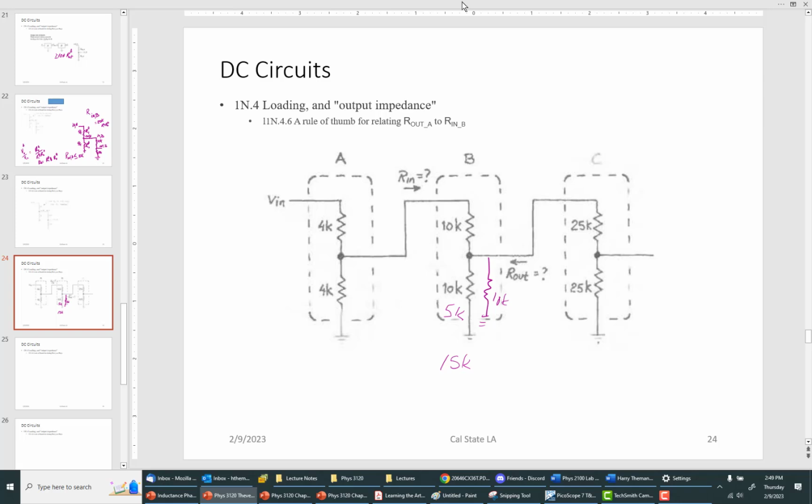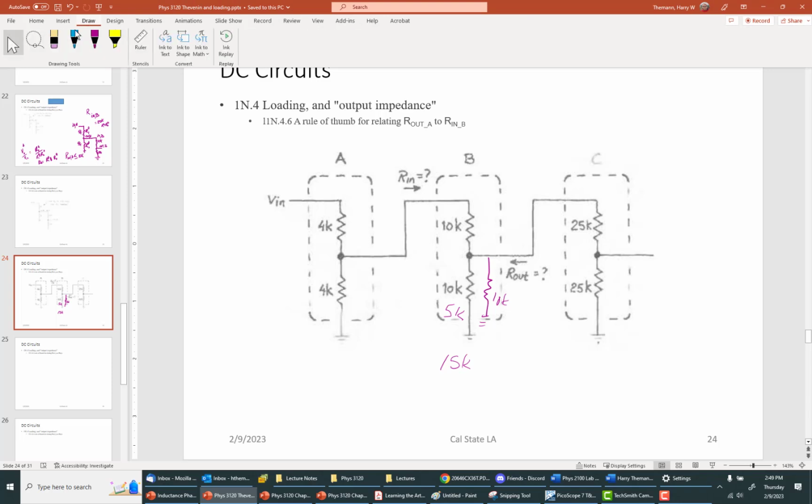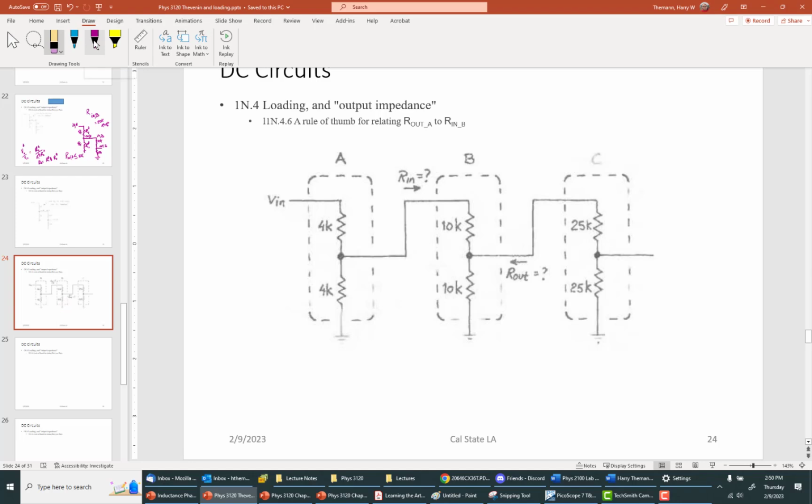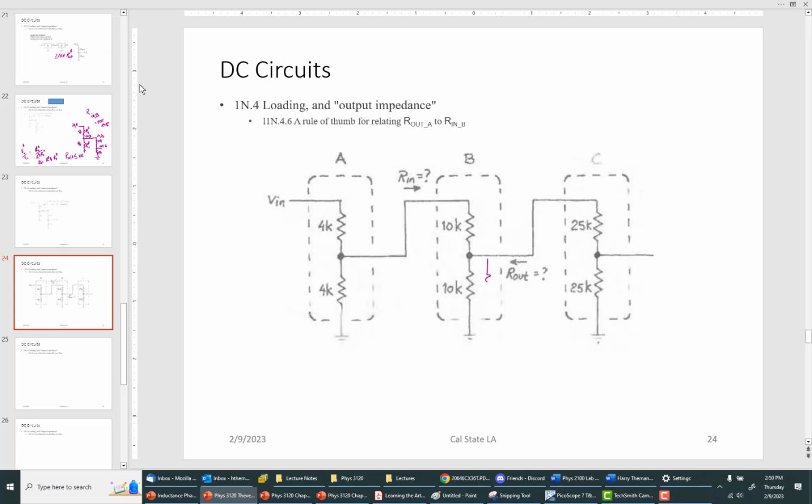But if we follow, when we design circuit fragment C, if we follow the 10 times rule, then we know that, and remember, now you understand why we have one of the rules of thumb.